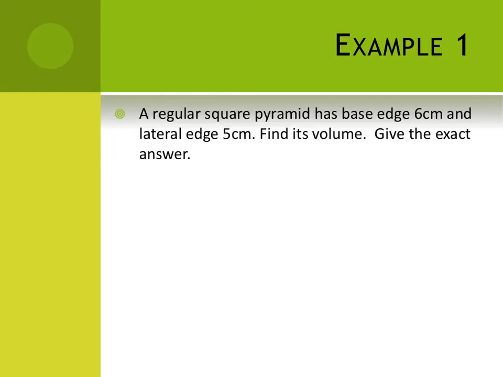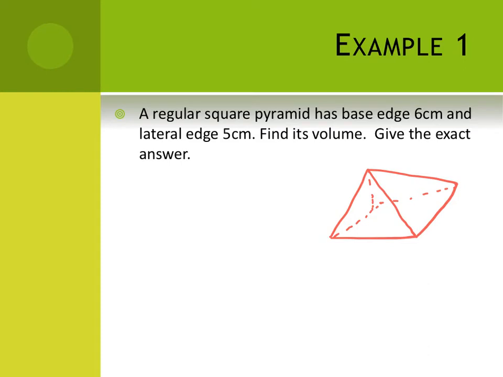So let's go ahead and do some examples. It tells me I have a regular square pyramid. So let me go ahead and sketch a pyramid here. Again, I like to draw a triangle, then draw another triangle on the side, and then draw in these things here. Okay, so we have our square pyramid.